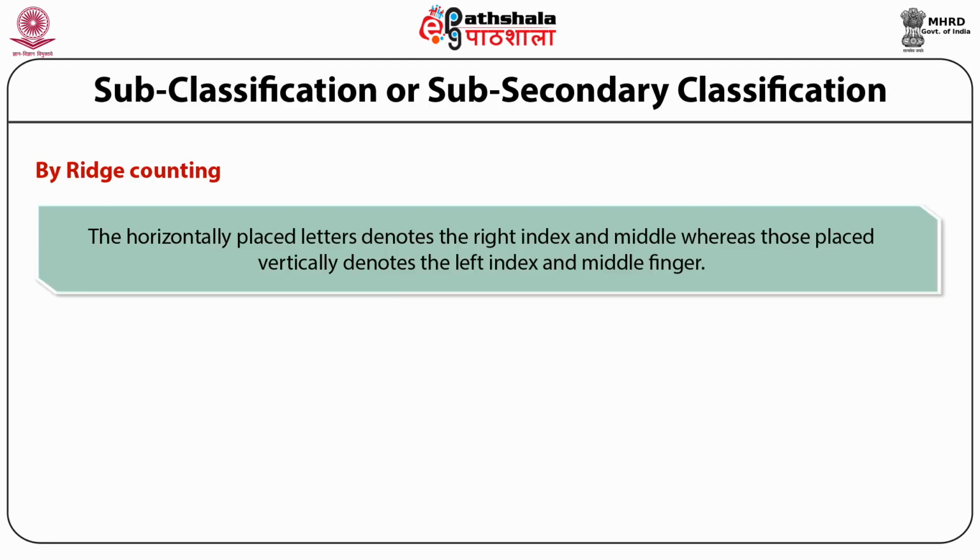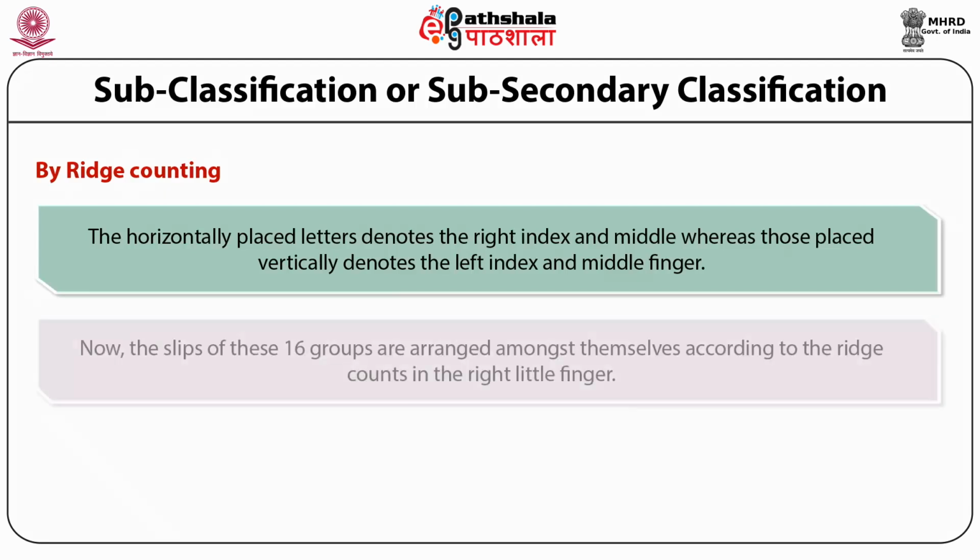The advantage of this classification is that in most of the instances, it is possible to decide at a glance that the impression falls within the capital I limit or the capital O limit, as 17 ridge counts can be easily distinguished from 7, but greater accuracy is needed when the counts approach the limit between capital I and capital O. Now, the slips of these 16 groups are arranged amongst themselves according to the ridge count in the right little finger.